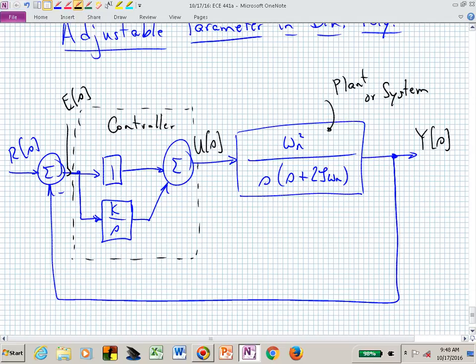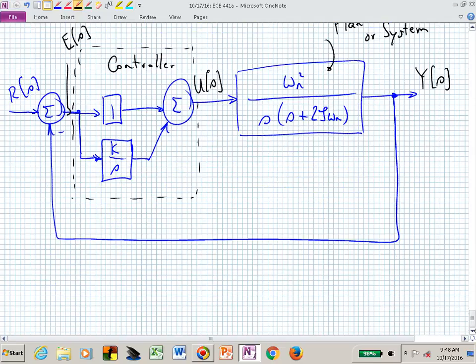And what's this K over S block doing in the time domain? How is that controller behaving?